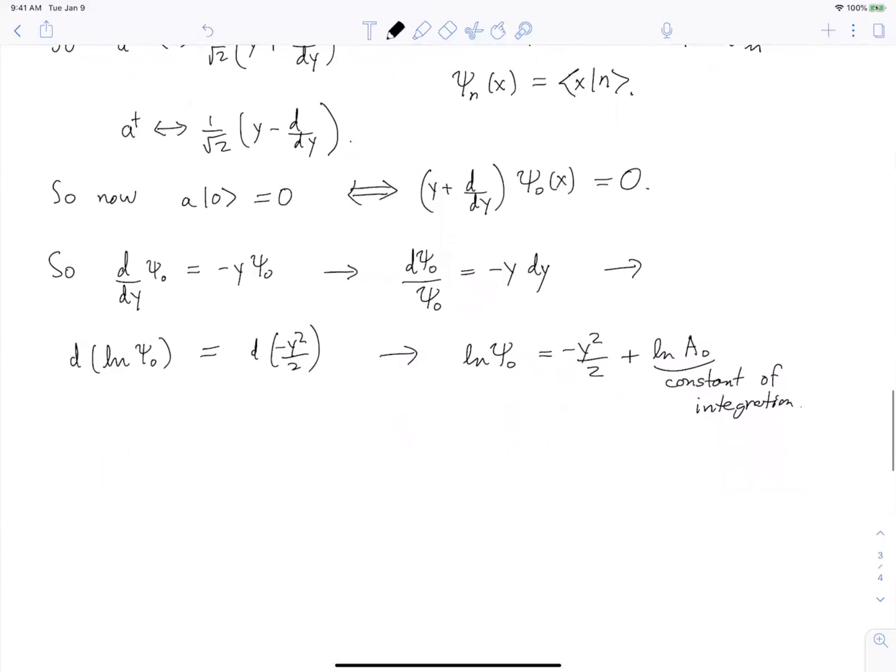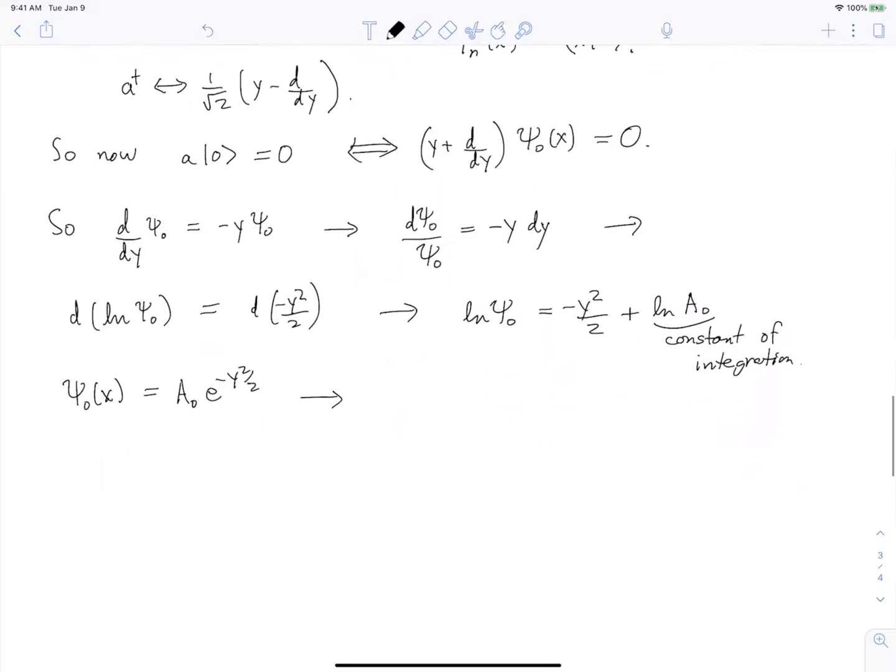Okay, and now exponentiate both sides to get psi 0 of x is equal to that constant times e to the minus y squared over 2. Or finally, I can translate everything into x and say that psi 0 of x is equal to constant times e to the minus m omega x squared over 2 h bar.